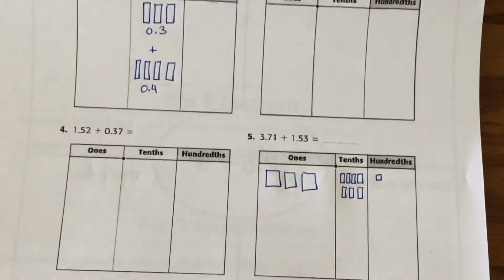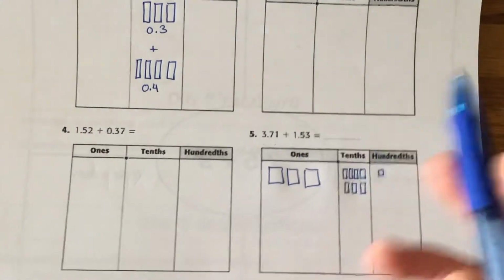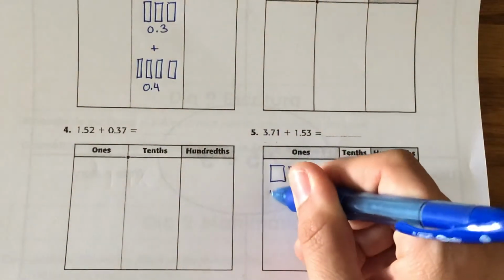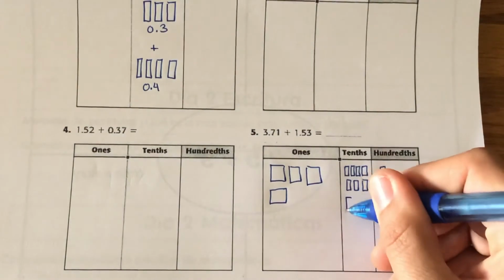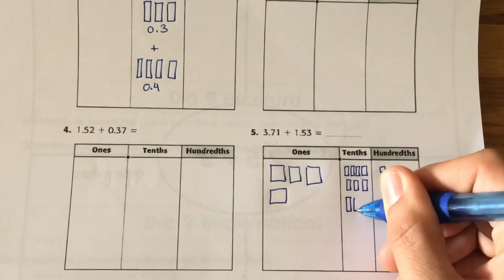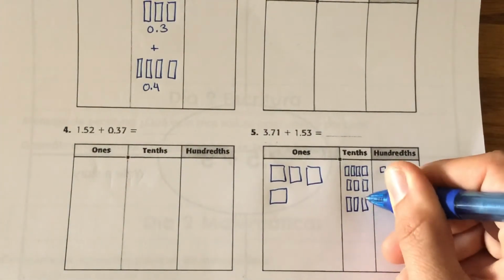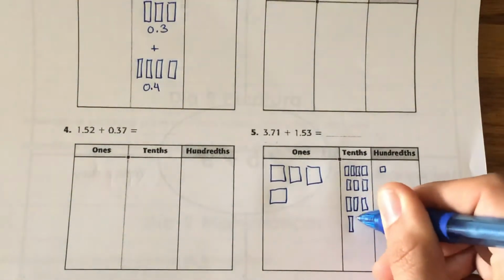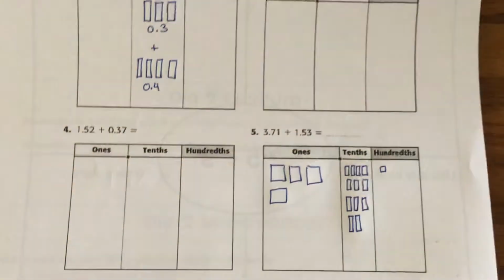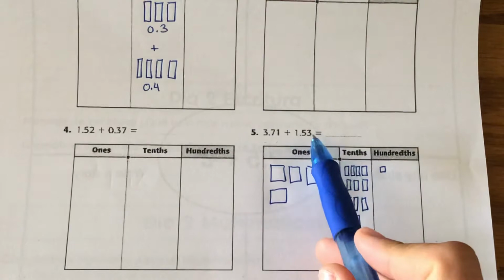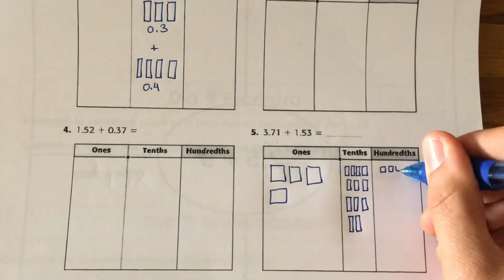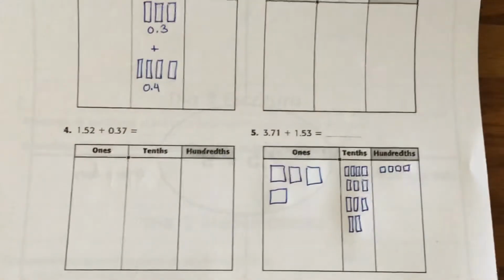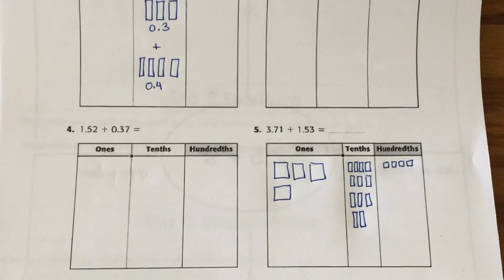So now I'm gonna add in my 1 whole here, my 5/10, 3, 4, 5, and it does help to count out loud to keep yourself checked. And then my 3/100ths. 1, 2, 3. So everything is correct so far.